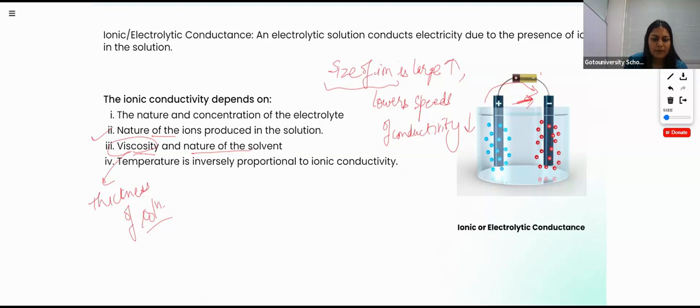Now if the solution is thick, or the solvent has high viscosity, then it will also lower the speed of conductivity.